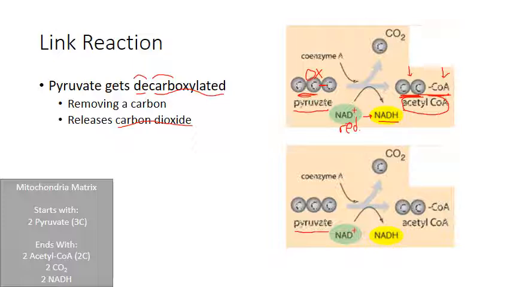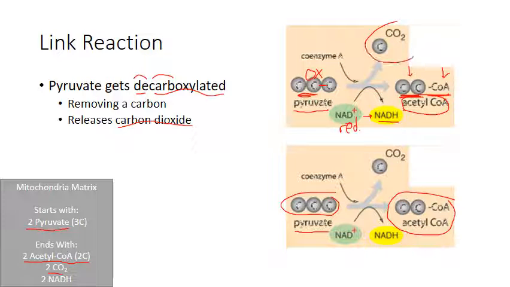So if we ignore my written over copy, here's what we're kind of starting with. We're starting with a pyruvate molecule, and I'll show you where that is. That is right here. And then we're going to end up with 2 acetyl-CoA molecules, 1 for each of those pyruvates that I started with, 2 carbon dioxide molecules.